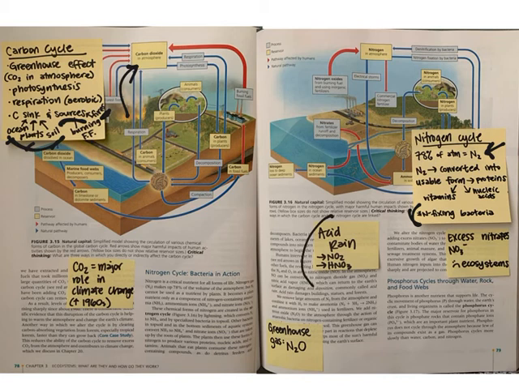We're removing large amounts of nitrogen from the atmosphere to make fertilizers for agricultural purposes. We're adding excess nitrates into aquatic systems through runoff and fertilizer.